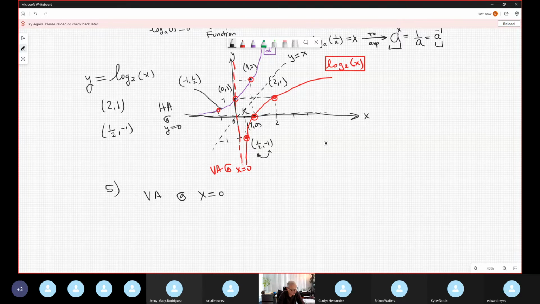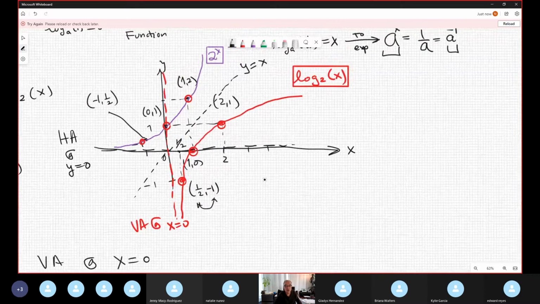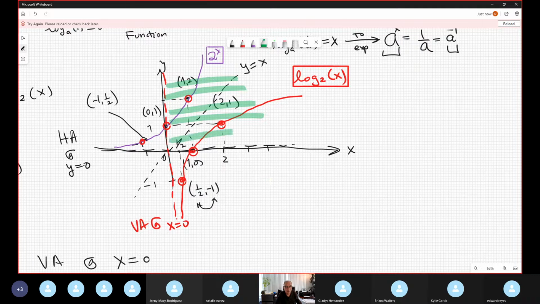Let me take advantage of this moment to emphasize. Focus, please, on the graph of the logarithm. In the red color, you see that the domain involves only positive values.